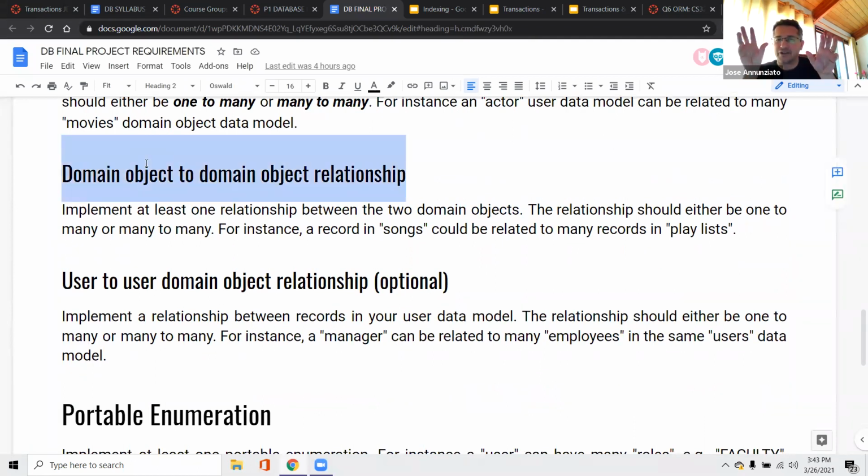You also need a relationship between two domain objects. Okay, so domain objects might be a theater and a movie, right? If you're in the movie world, a theater and a movie are valid objects in the movie domain. And the relationship might be that a theater can be playing many movies, right? So if I give you the theater, you can tell me what movies are playing in that theater.